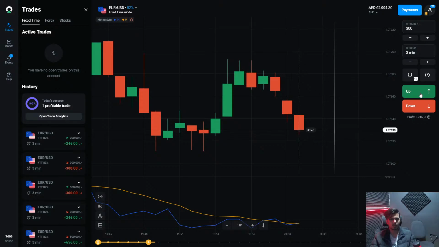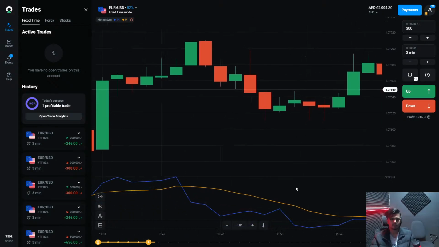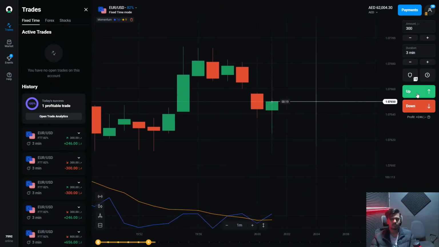Nice. It's trying to move downward. Again, if it reaches here, I will make the up trade. Again 30 seconds remaining. 15 seconds remaining, guys.